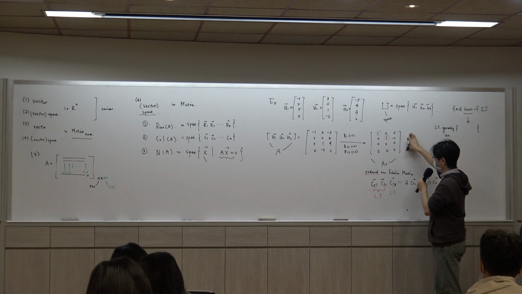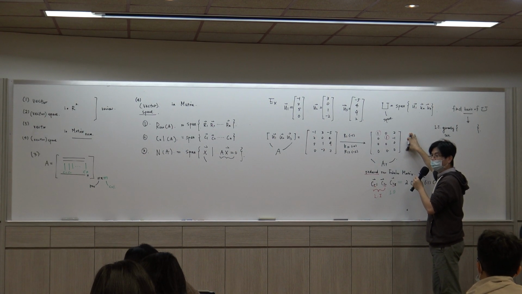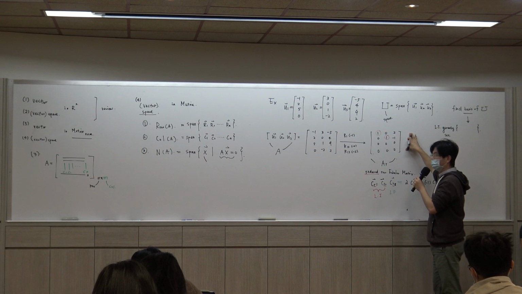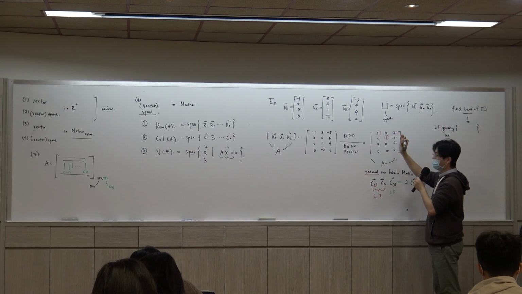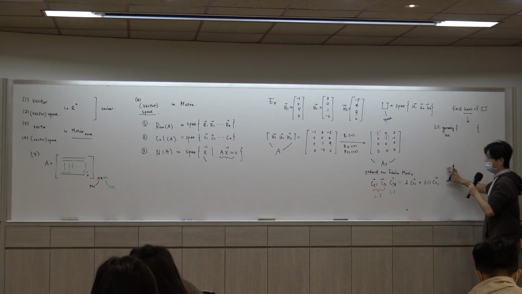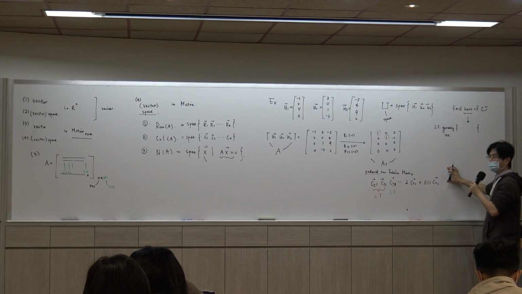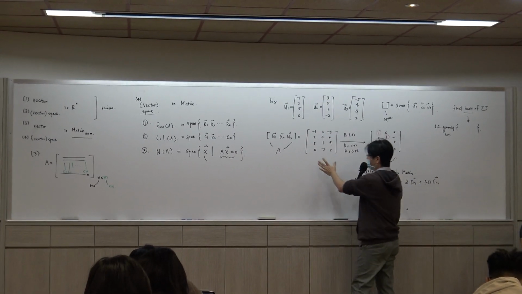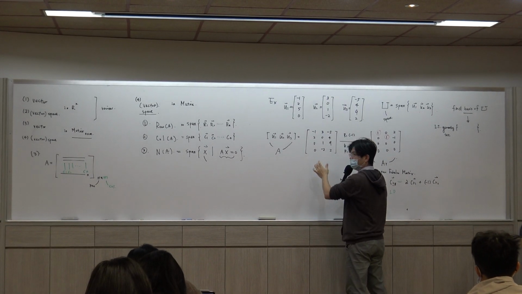So with a reduced matrix, we can clearly identify the relationship between the column vectors. And this relationship is exactly the same as in the original matrix.